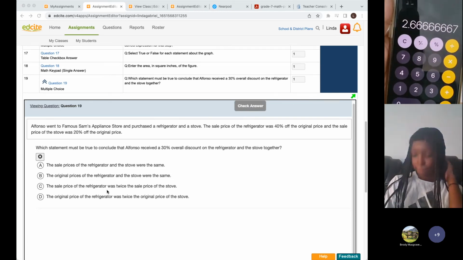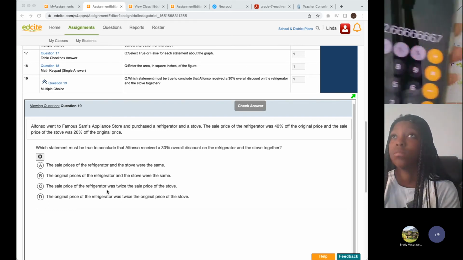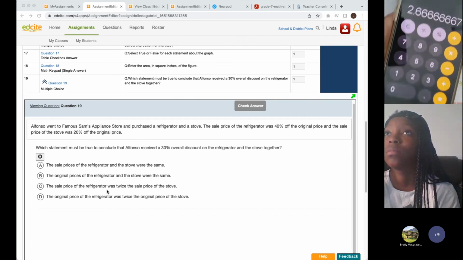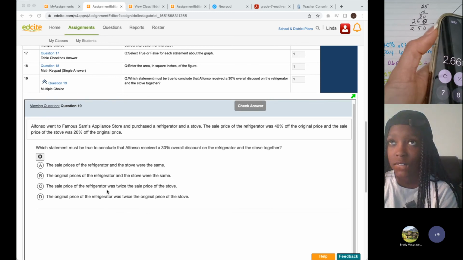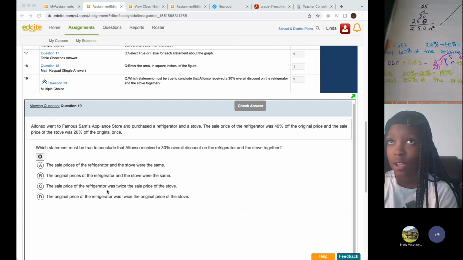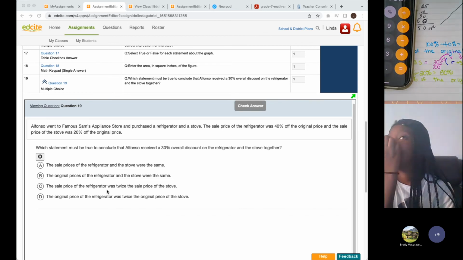It's going to be 2.67 S. So they're going to be close in price, right? It's going to be equal to R plus S, which is the price of the stove and the refrigerator together.